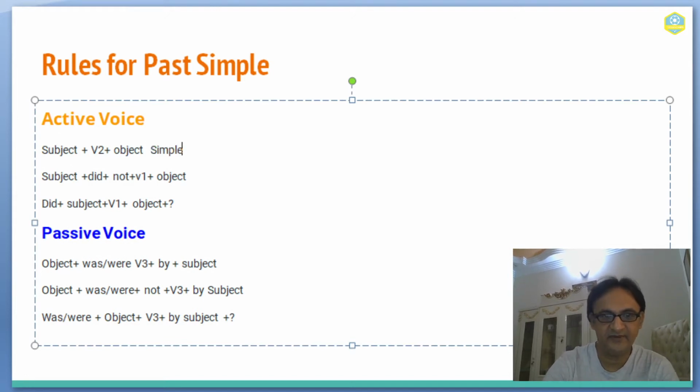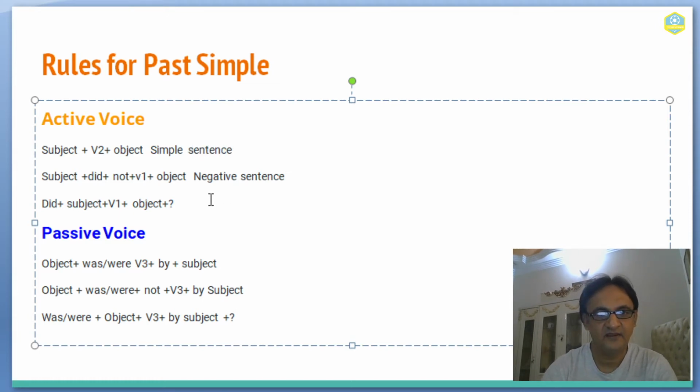You know that in my previous lessons I have already mentioned this will be a negative sentence, and this will be interrogative, making a question mark.